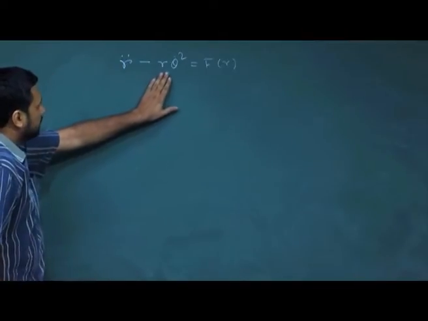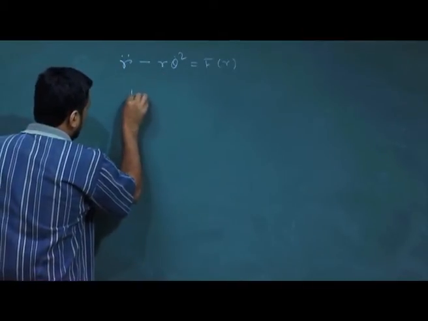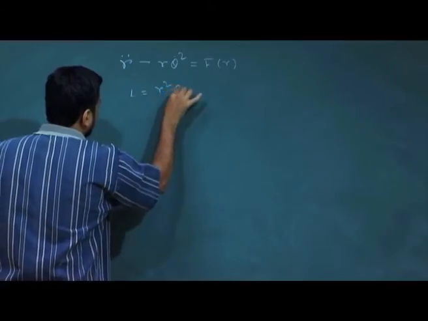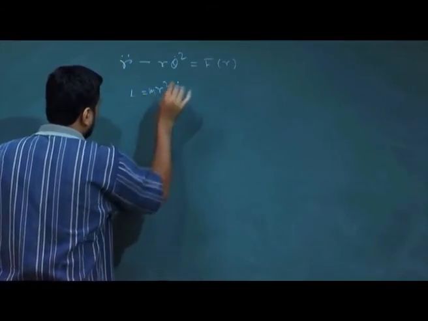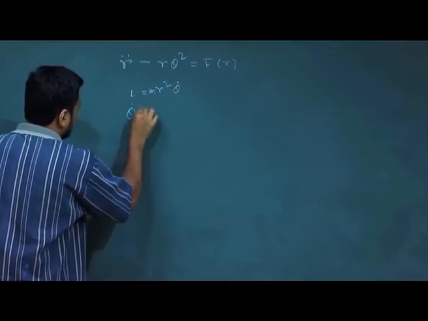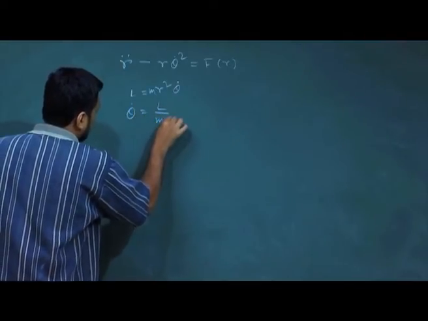Now, if you remember, we also had L equal to m r square theta dot, which means theta dot is equal to L by m r square.